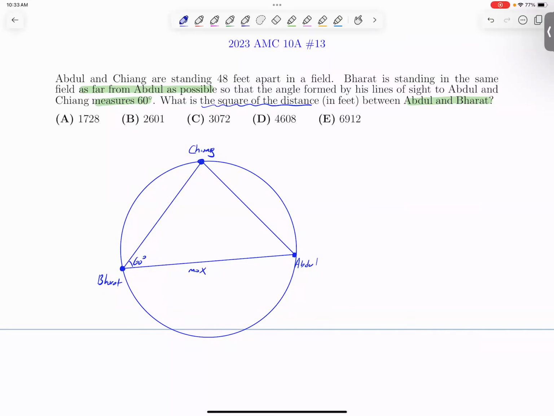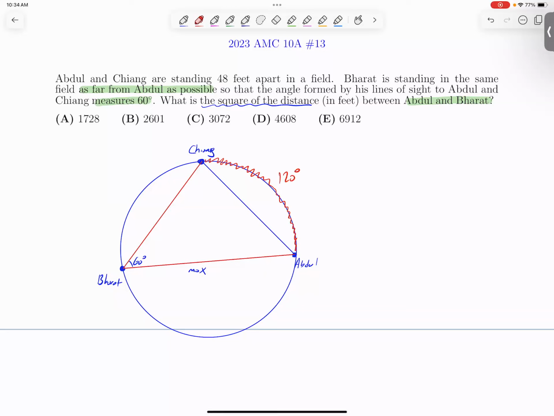After we draw this circle, we realize that Bharat's lines of sight, looking at Cheng and looking at Abdul, form an inscribed angle looking at the arc CA. And the arc is twice as much as the angle. Then this arc is equal to 120 degrees.